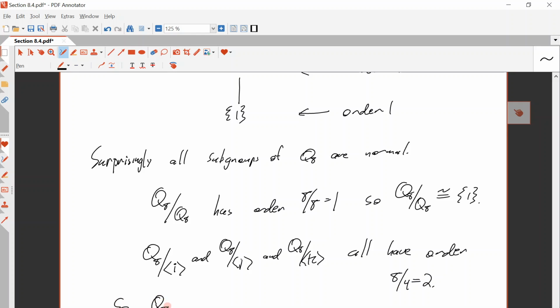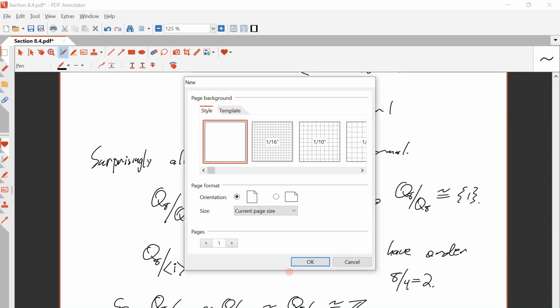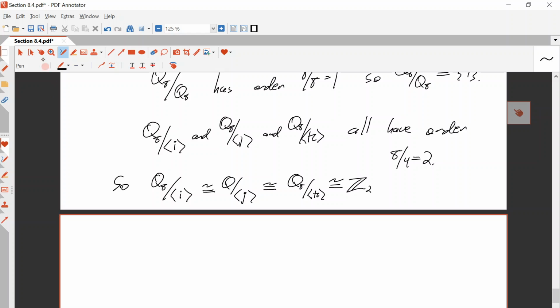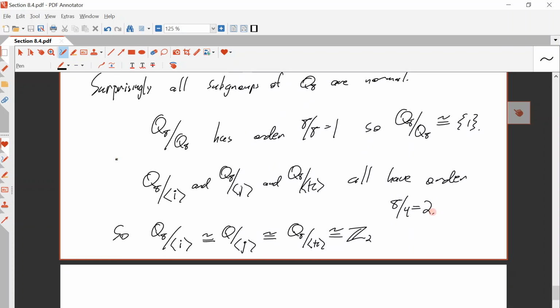So Q8 mod I is isomorphic to Q8 mod J. There's only one group of order 2. That's Z2. So those are all just Z2.